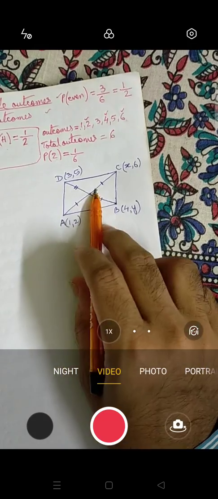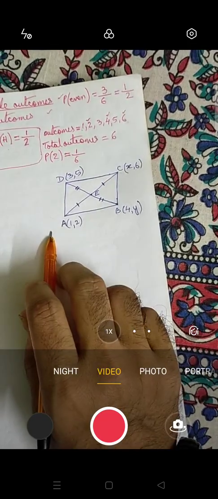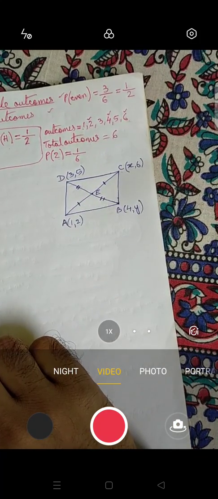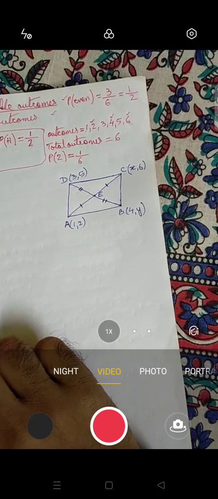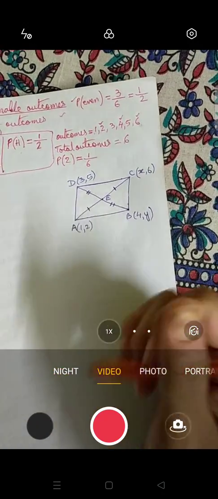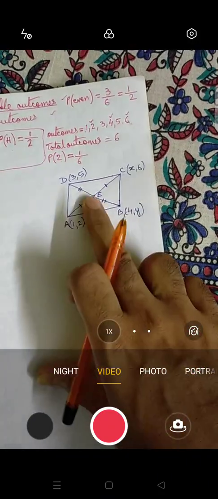This equals this, so definitely E is the midpoint of AC. Similarly, I can say that E is the midpoint of BD. Understood or not? Because this equals this. So we will try to solve this way. You draw these two diagonals and mark it as E.